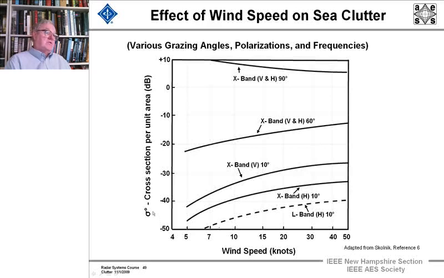This view graph shows the cross-section per unit area as a function of the wind speed for various different frequencies and polarizations at low angles and at higher angles. And notice that it's polarization independent at the higher angles. Okay, and this is a function of the wind speed. So wind speed makes the cross-section go up, but actually go down at X band slightly.